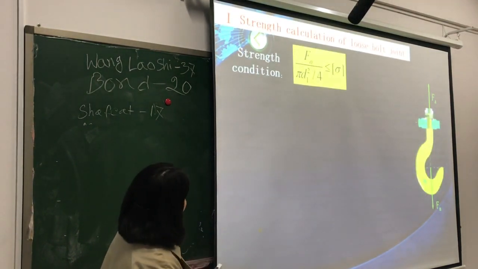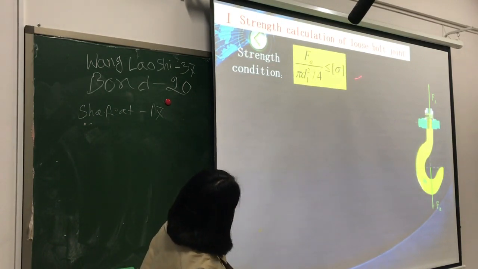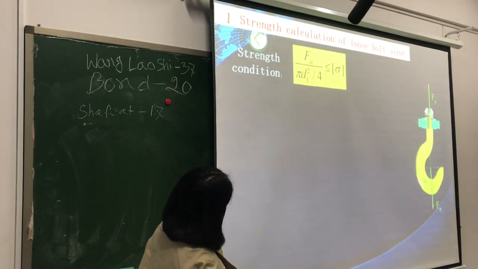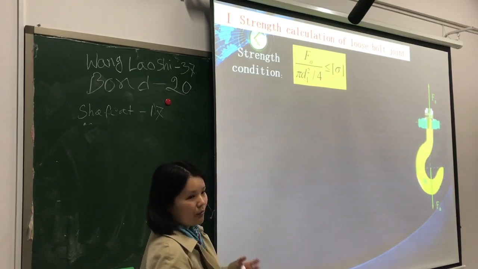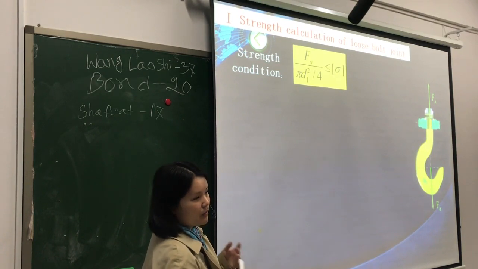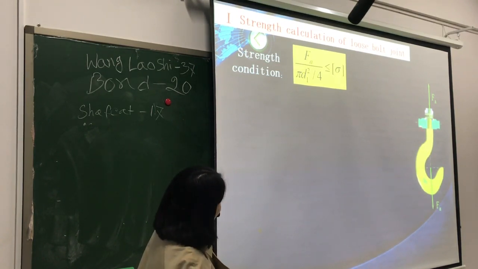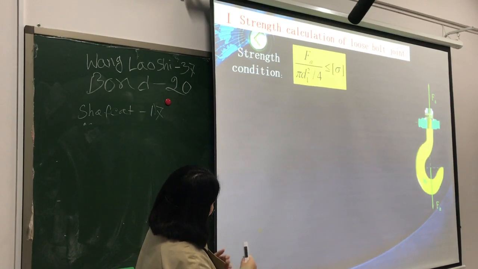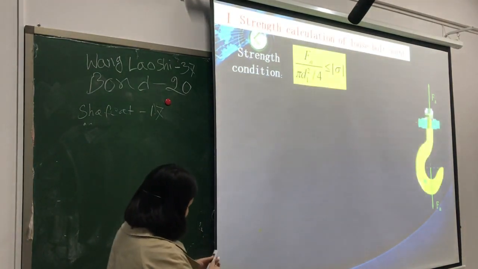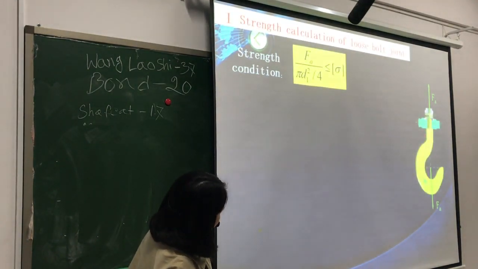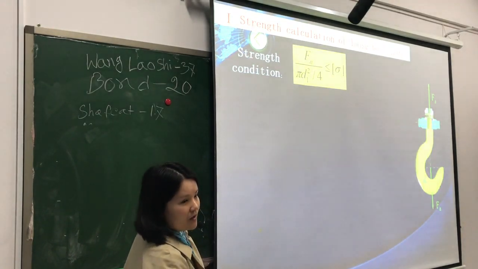And the condition of loose bolt joint: the loose bolt joint has no preload. So we can calculate the stress when it is subject to an axial force Fa.